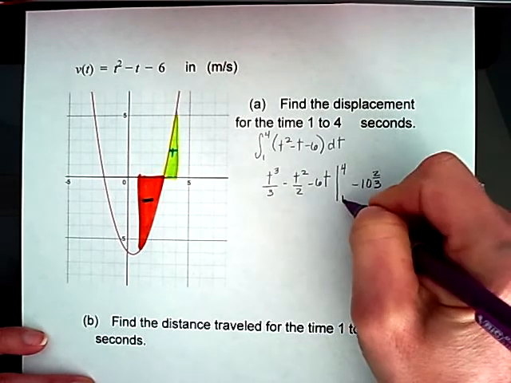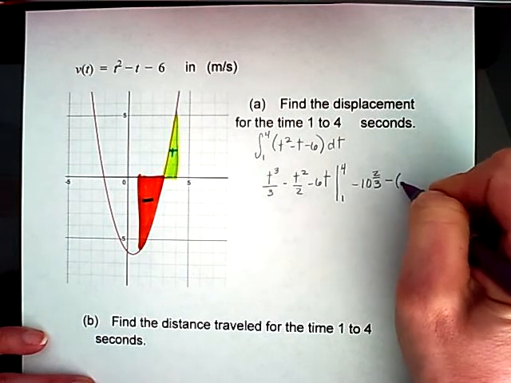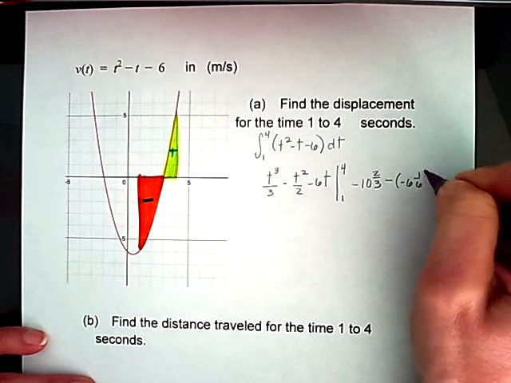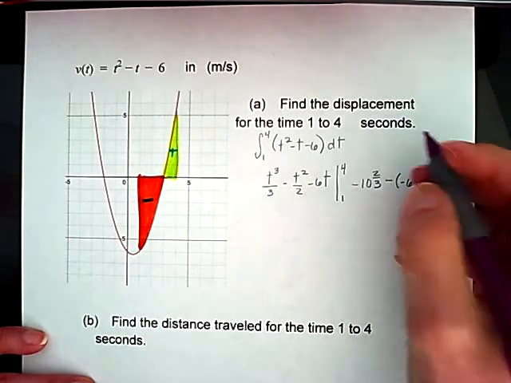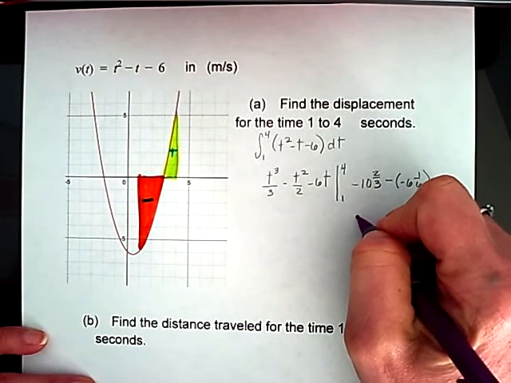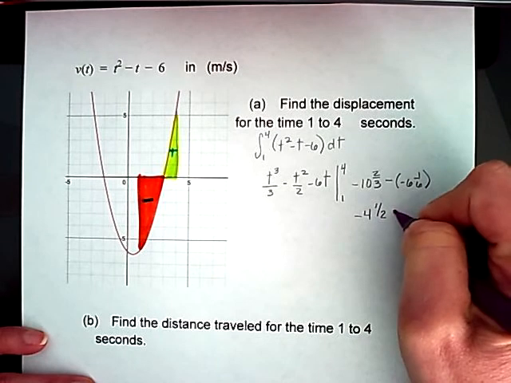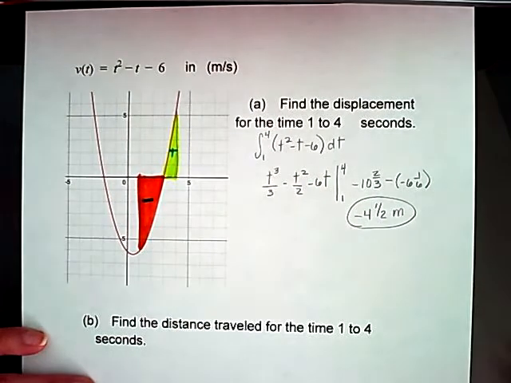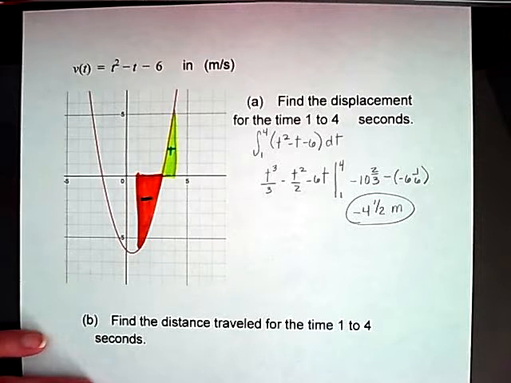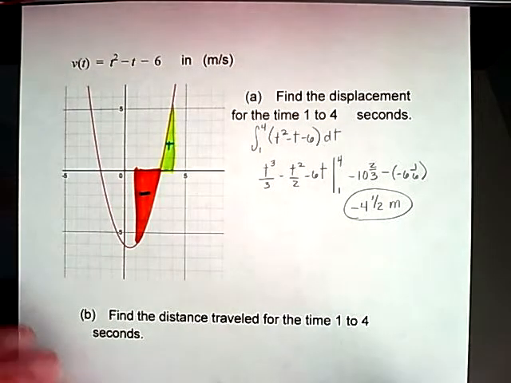Then when I run my 1 into the function, I'm going to have minus a negative 6 and 1/6. When I subtract that negative out, I'm going to end up with a change of negative 4.5 meters, because we started out at meters per second.